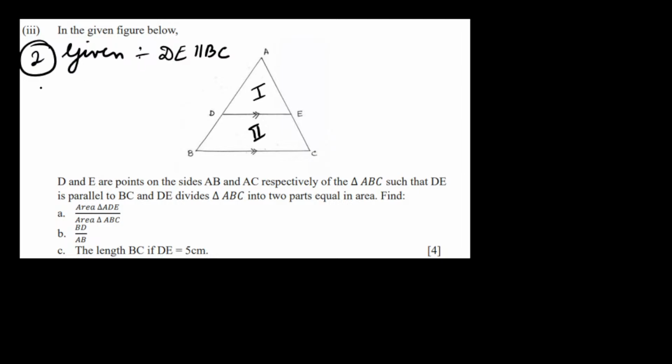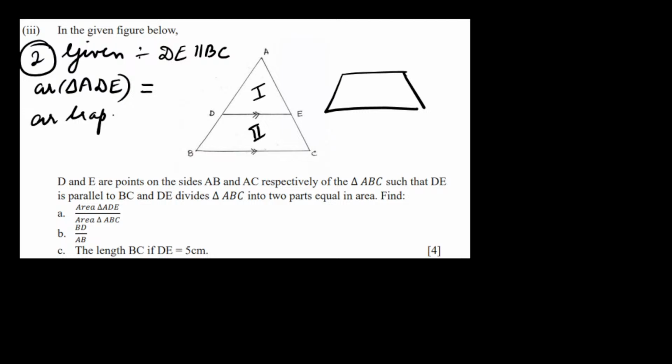So directly you can write here: area of triangle ADE equals area of the other figure, which is a trapezium, trapezium DBCE. So both the areas are equal, because it's mentioned DE is dividing this triangle into two parts which are equal in area. So it's better to write down all these things.